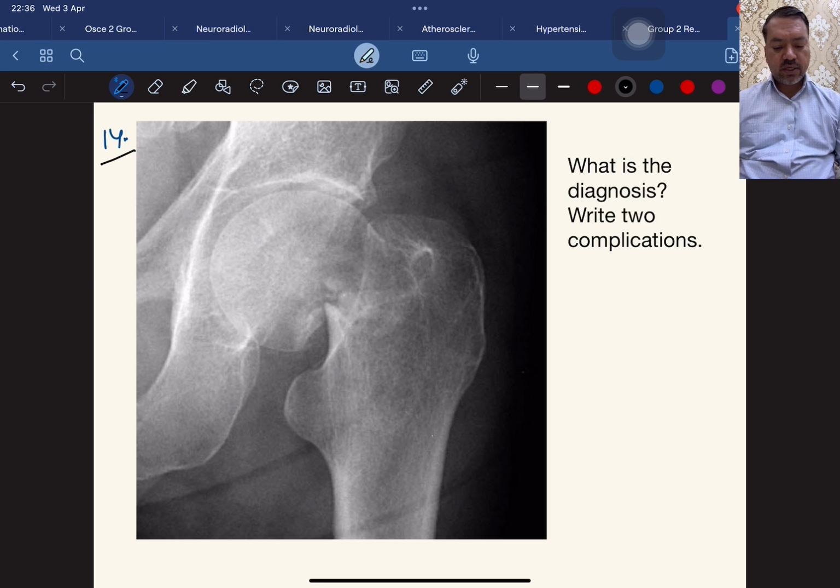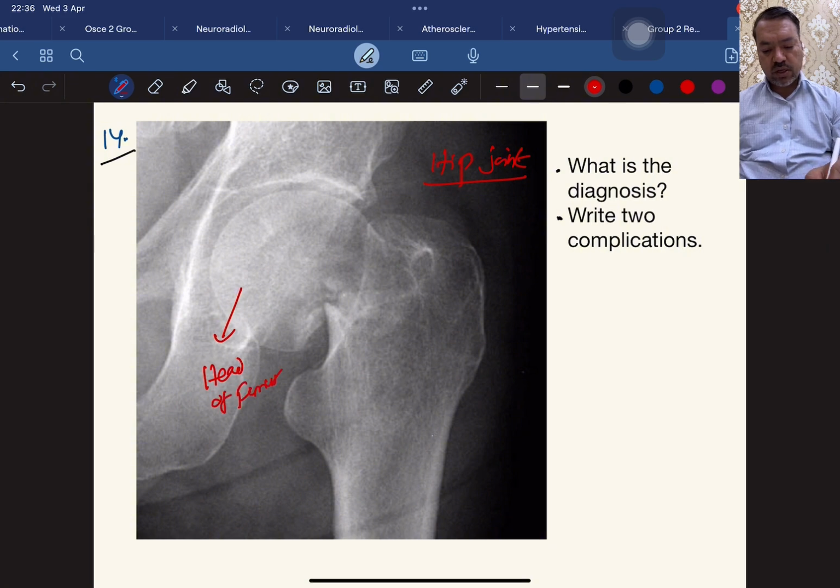Look at this X-ray. What is the diagnosis and write the complications? These are the questions. What is the diagnosis? This is the hip joint. You can clearly see here, this is the head of the femur. This is called the acetabulum.